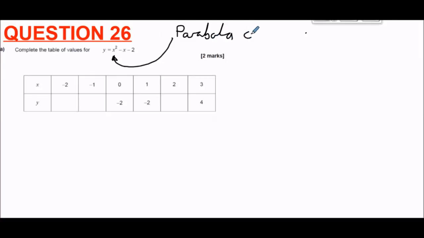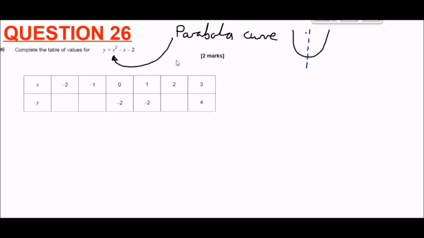So it's not going to be a straight line, it'll be a curve, and by parabola I mean it's going to look like this. It's going to look like a happy face. And because it's going to look like this, we can also say with absolute certainty that the graph will have symmetry. So the y values will repeat.